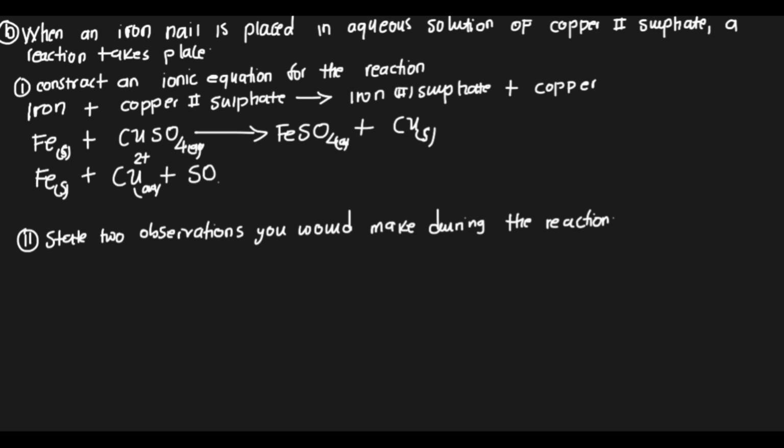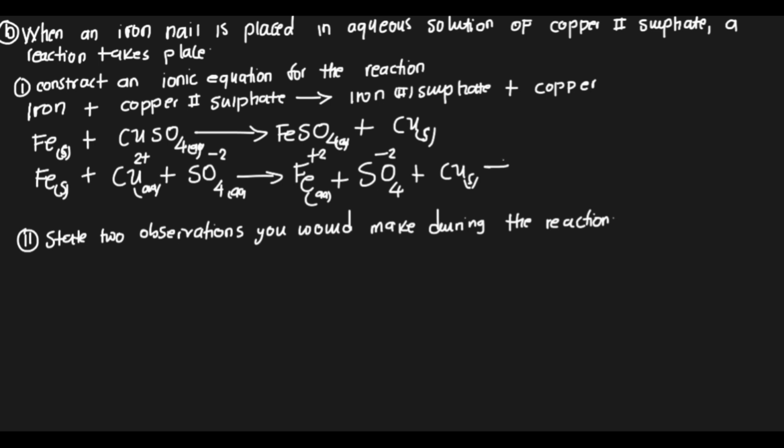Sulfate will also have a negative 2, aqueous. This time iron is part of the compound, so iron will have a positive 2, aqueous, plus sulfate with a negative 2, plus copper.